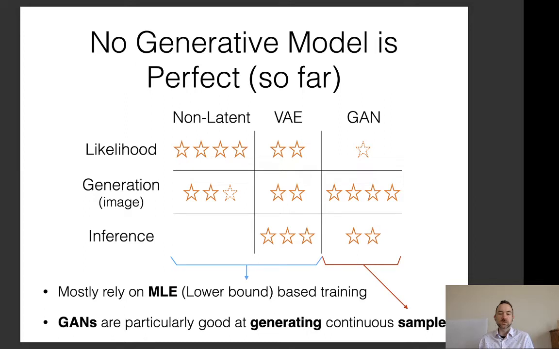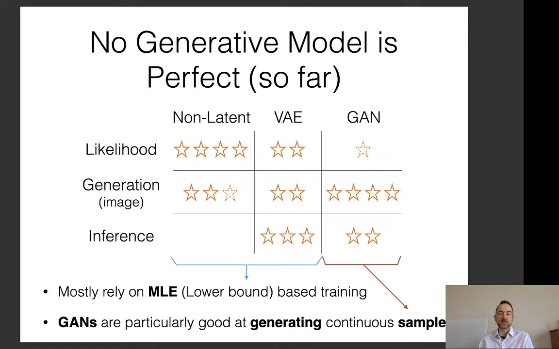No generative model is perfect. We have talked a lot about non-latent generative models, like regular language models using LSTMs or transformers. There are also variational autoencoders, which we'll talk about in the next class, and generative adversarial networks, which we'll talk about in this class. The non-latent ones tend to be good at likelihood calculation.